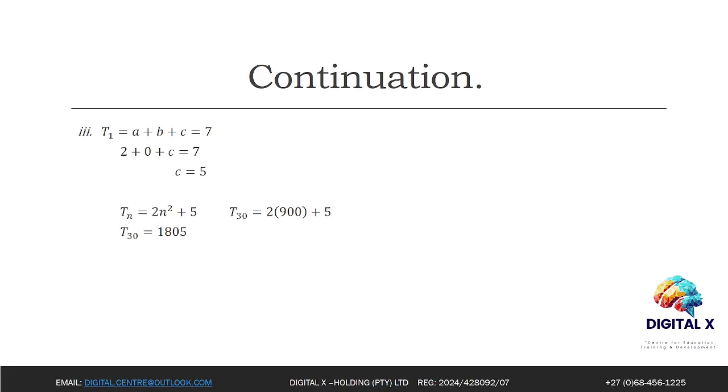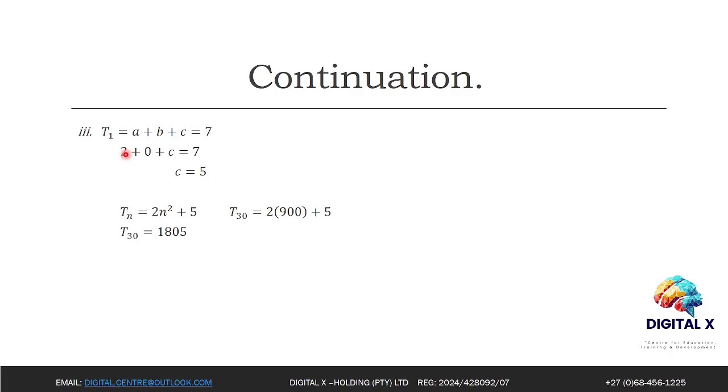Here we are going to determine the value of c. So to determine the value of c, we have the value of a, we're going to substitute it. We have the value of b, we are also going to substitute it back to any of the two equations that we have formulated, either equation 1 or equation 2.